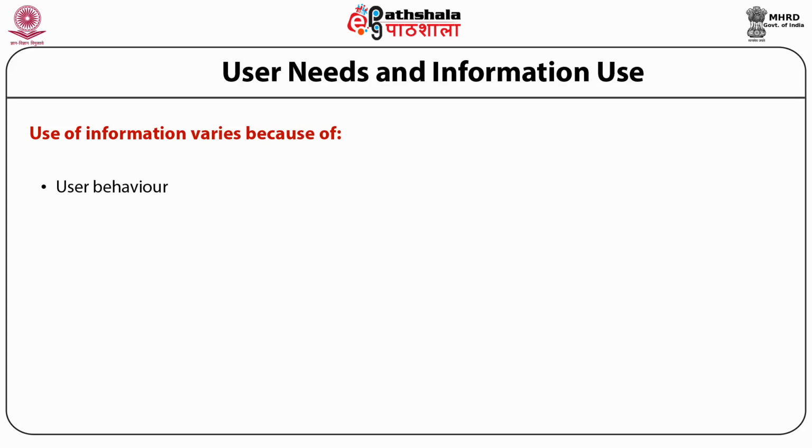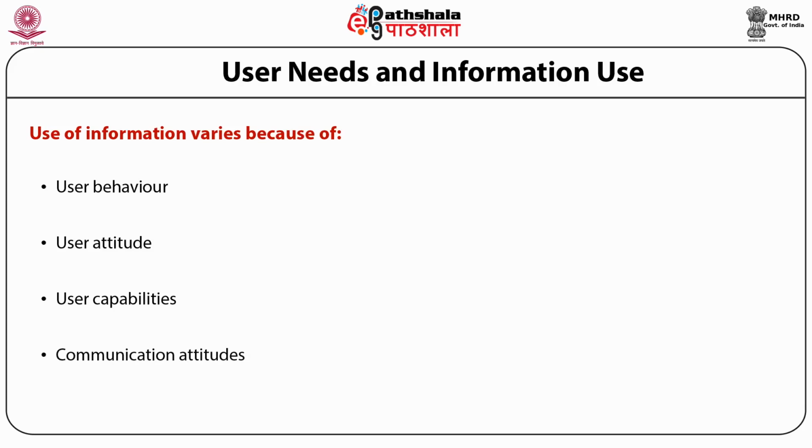It also varies with the user attitude, how he or she looks at the reference and information sources. What is the attitude towards them? Another problem is that of user capability. User capabilities also vary from one user segment to another, and even at the individual level of the users.